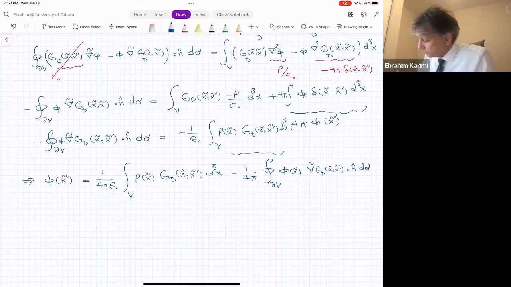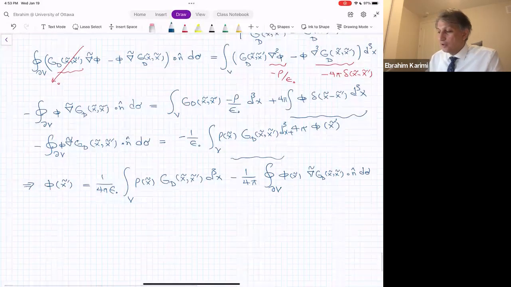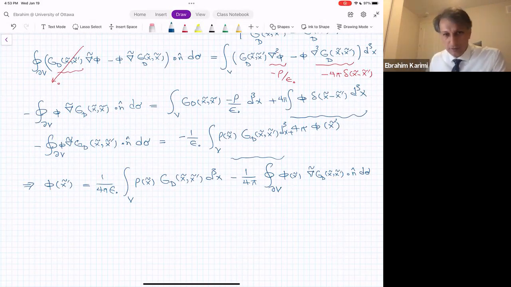Okay, we can simplify further, and based on the discussion that we had previously, I know that g of x and x prime is equal to g of x prime and x, so it's perfectly symmetric. Let me just change the variable, and then I will get this.